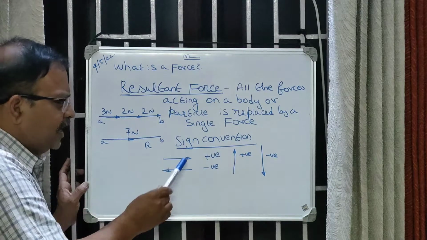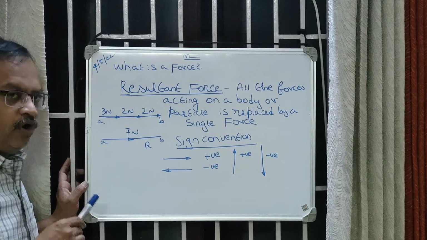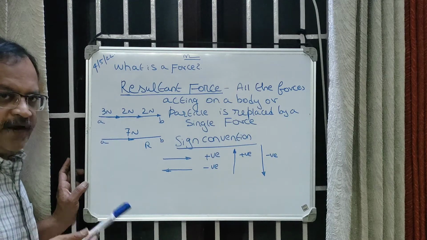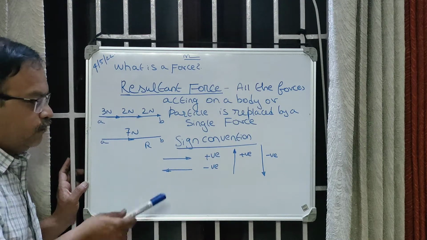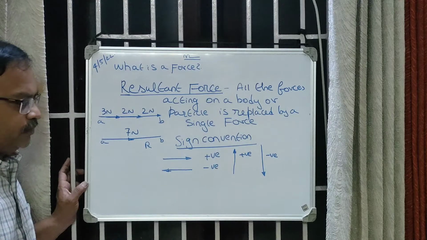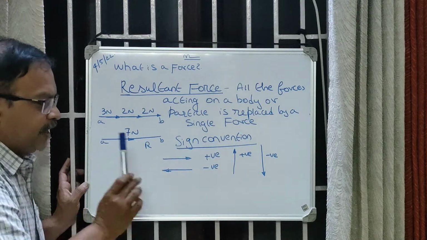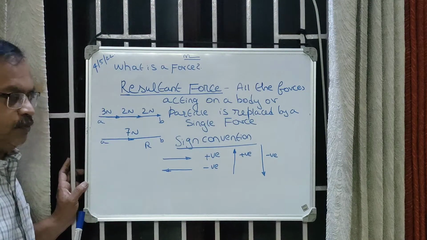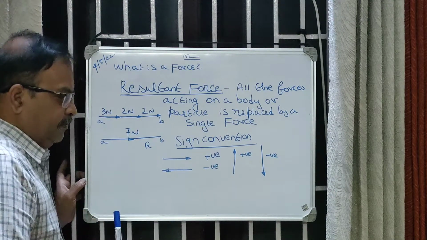Similarly, the force has a sign convention. Force is a vector quantity. As we have already seen, it has both magnitude and direction. So the force has certain sign conventions. We assume the following sign conventions, which are standard sign conventions followed in most of the textbooks, so we will also adopt the same.